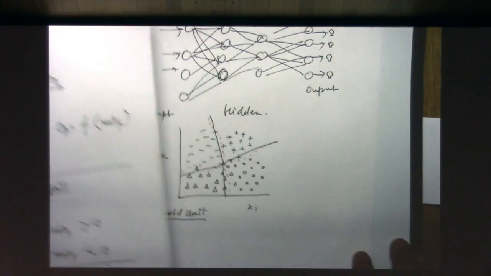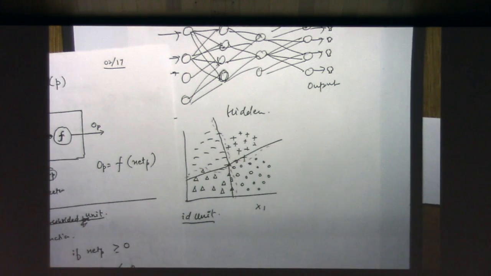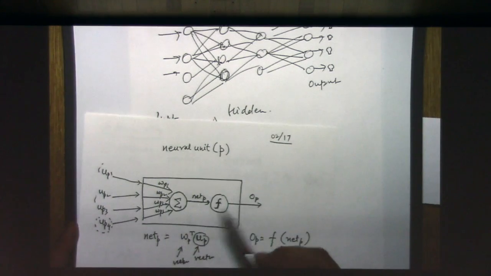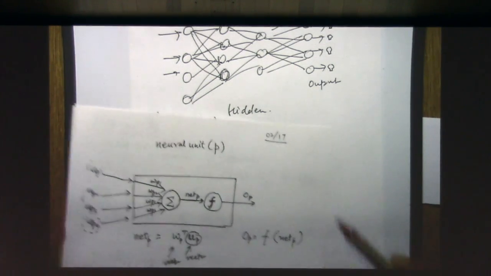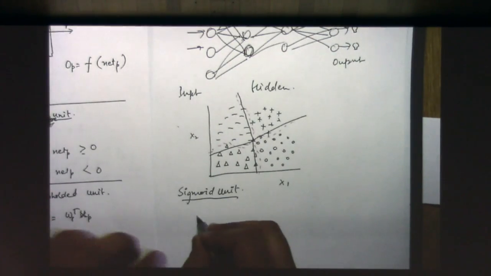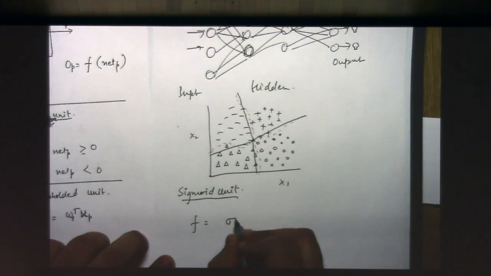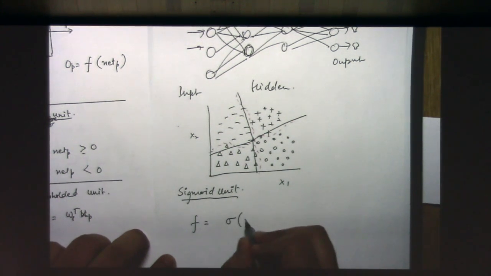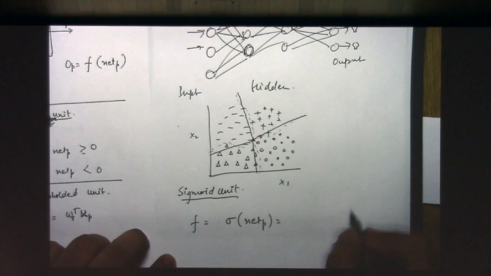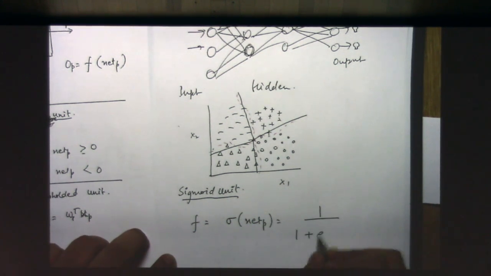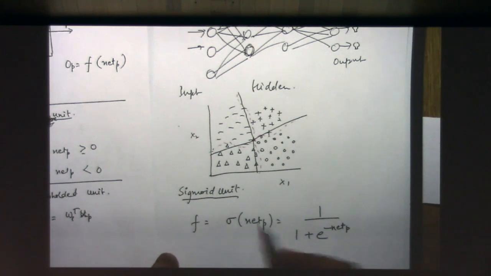And that comes to your question. Remember I was telling you about this structure of a neural unit. The function for the sigmoid unit is that f is a sigmoid function. A sigmoid function is essentially 1 over 1 plus e to the power minus net of p. So whatever is the input, it just does 1 over 1 plus e to the power minus of that.